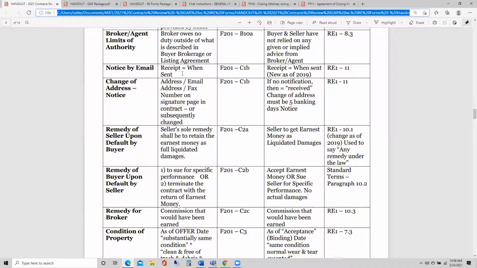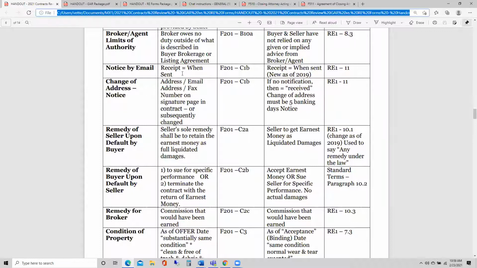So they don't actually receive and open the email until February 24th. It doesn't matter. It is deemed received by that other party when the sender can prove they sent it. When I can prove I sent the email with that attachment, that's when it is deemed received. That is the same for both contracts.